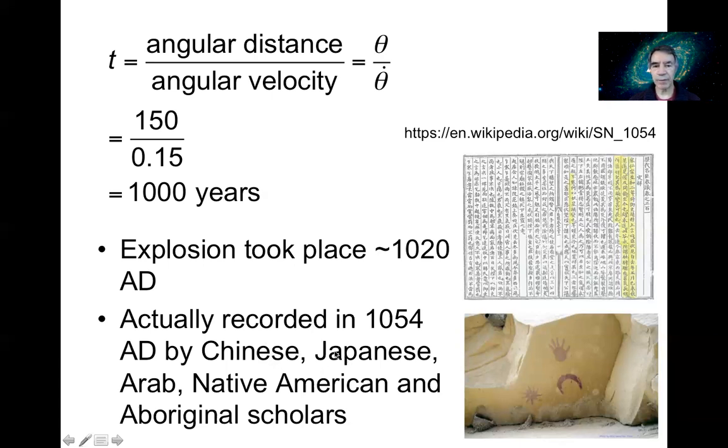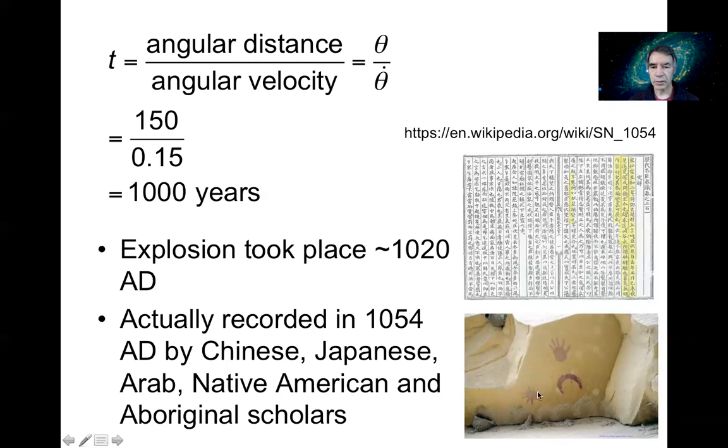They even mapped out where it was in the sky, and that fits with where the Crab Nebula actually is. The Chinese did this, and the Japanese. You can see a copy of the historical Chinese record here. The Arabic astronomers in Iraq also recorded it. Native Americans recorded it in a petroglyph, a rock carving, which you can see here.